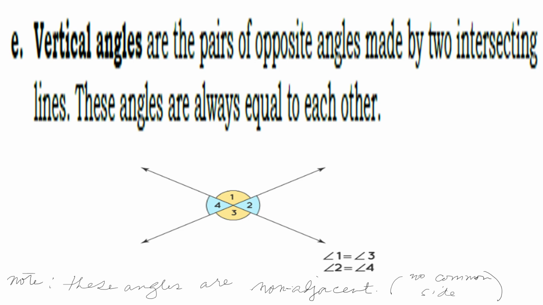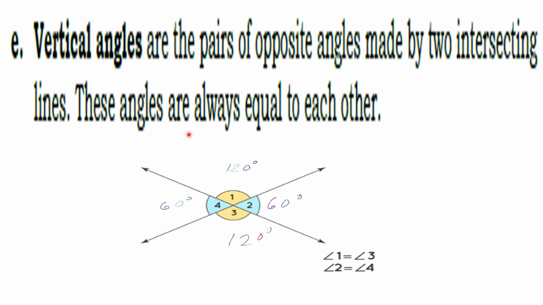Angle 1 and angle 3 is one pair, 2 and 4 is another pair. The note says that these angles are non-adjacent angles. When we say non-adjacent, they share no common side. It also says that these angles are always equal to each other.